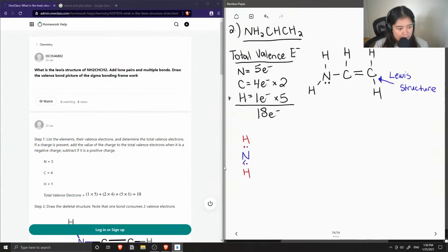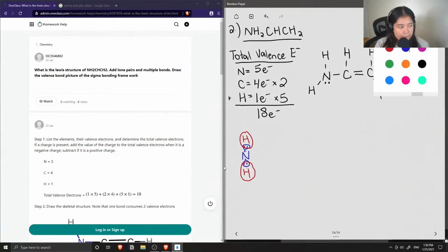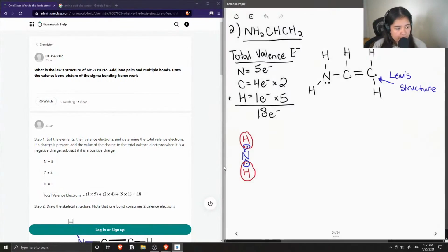Okay, so then we draw a bond like this. And we can also show hydrogens, just to show the sharing of electrons. And nitrogen has an extra lone pair, so I'm just going to draw that over here, like that.